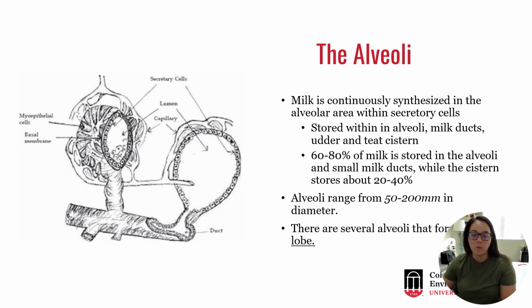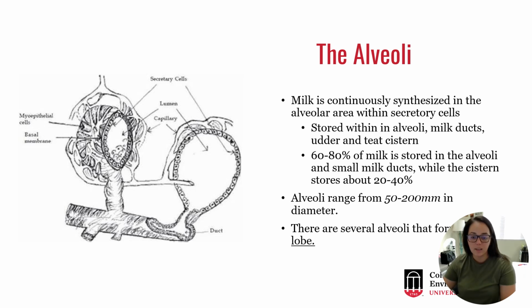But within the alveoli, milk is continuously synthesized in the alveolar area within the secretory cells. And so the milk is then stored within the alveoli. So again, this whole structure is where the milk is stored. And then it's also stored in the milk ducts, the udder, and the teat cistern. So we'll get into that too in a little bit.